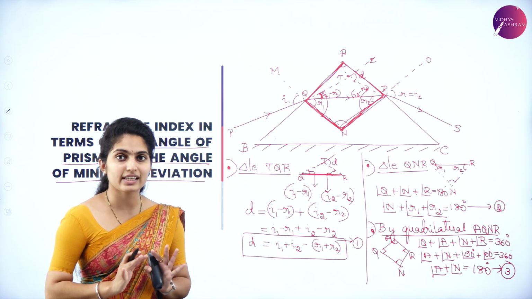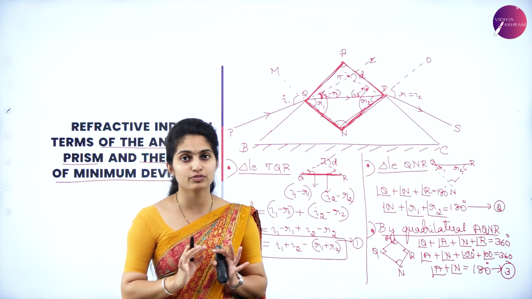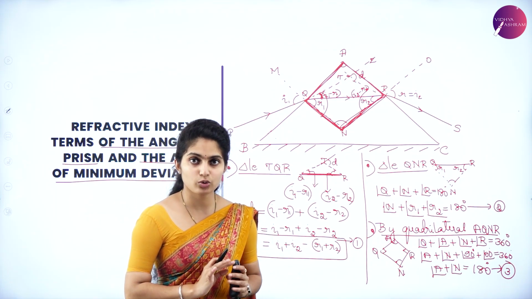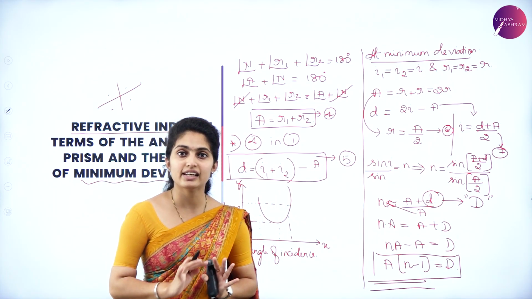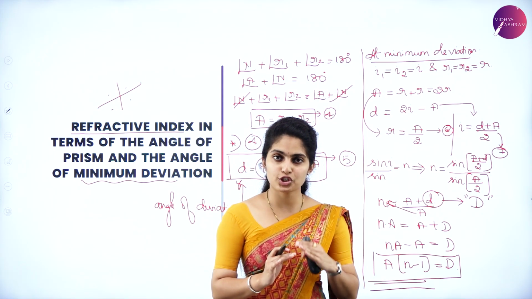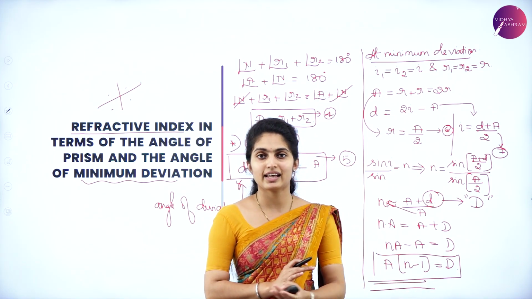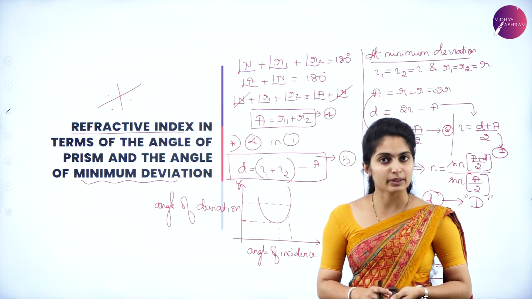Having these two triangles and one quadrilateral, you mark the properties of the triangles, then it is simplification till the last. Finally you consider Snell's law, substitute, and you will get the refractive index in terms of angle of prism as well as angle of minimum deviation.